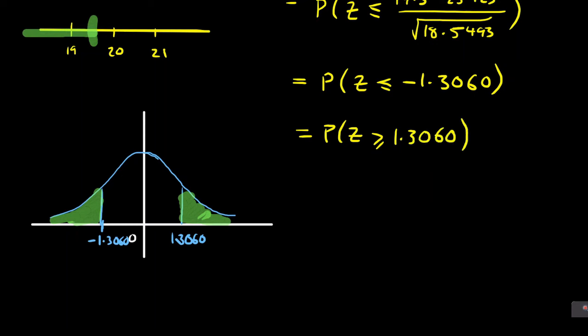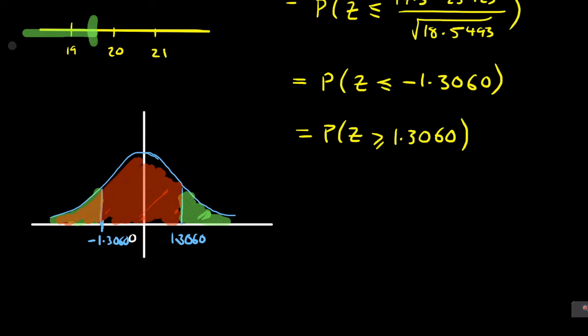Okay, well, again, the tables don't tell us the probability of being greater than a certain value. They tell us the probability of being less than. So what can we do? Well, if we imagine this region here, which I'll shade in red, that's the probability that I'm less than 1.3060.